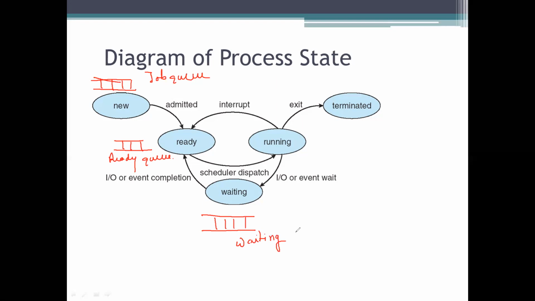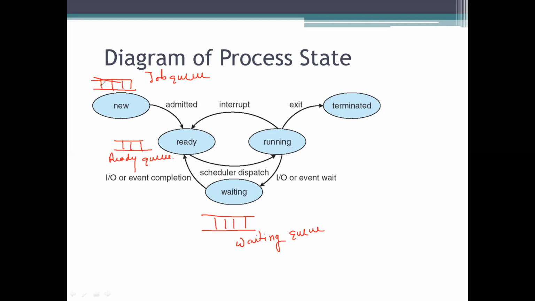While a process is selected from each of the queues, the scheduler takes a very important role, because its task is to select the process from the queue and assign it to the next state. For example, the job queue has multiple processes which are ready for execution.